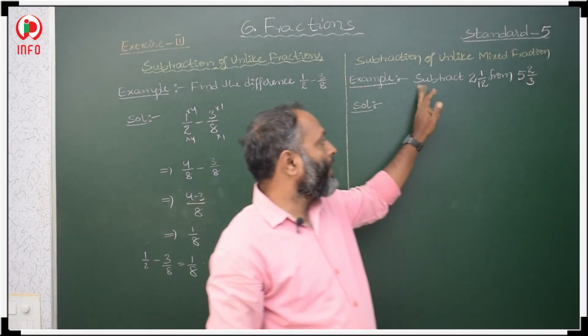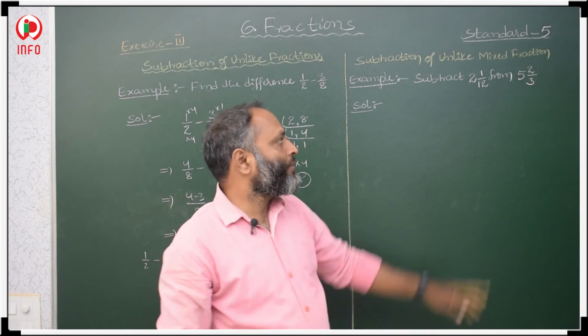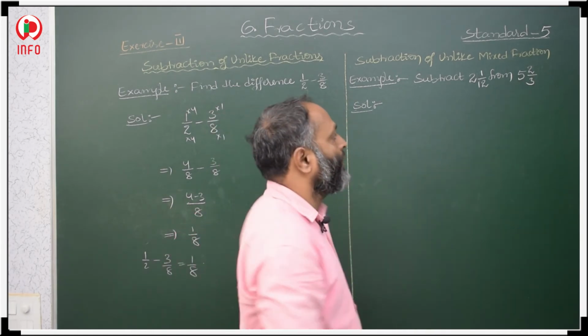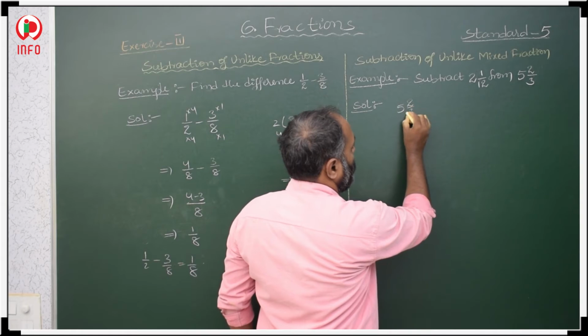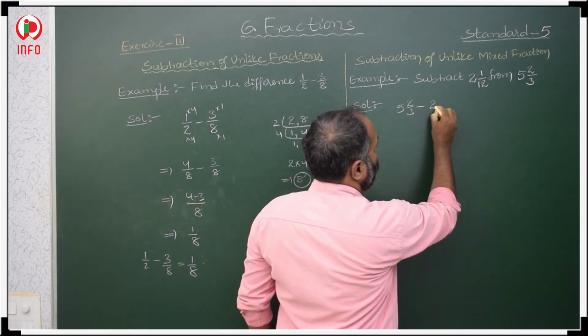Now how do we subtract? From means the number we have to start with, so from 5 2 by 3 minus 2 1 by 12 we have to write.